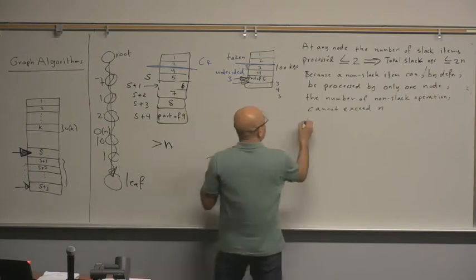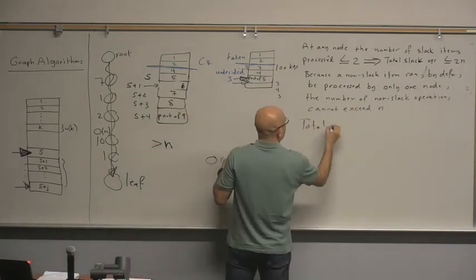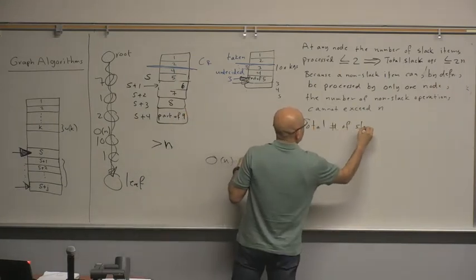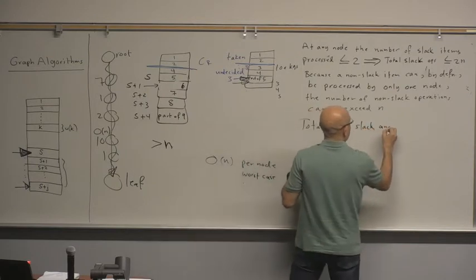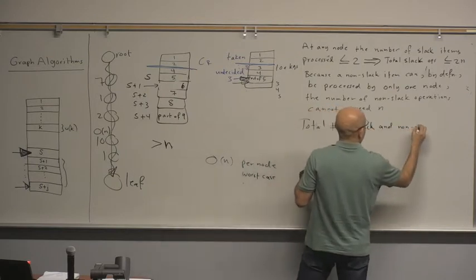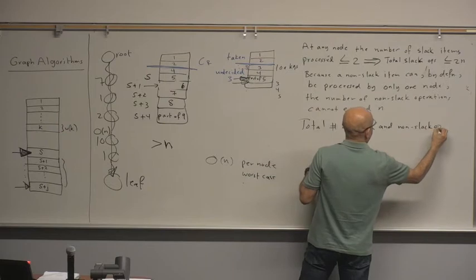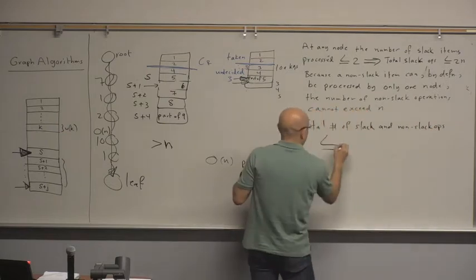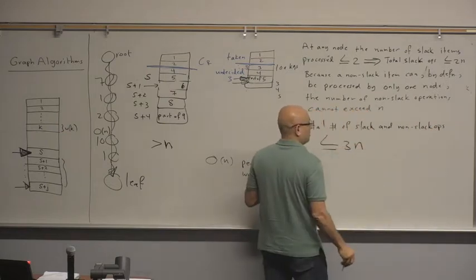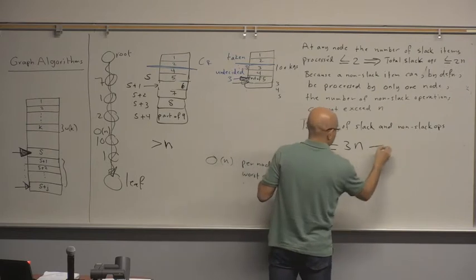Now the total number of slack and non-slack operations is going to be less than or equal to 3n, which means O of n.